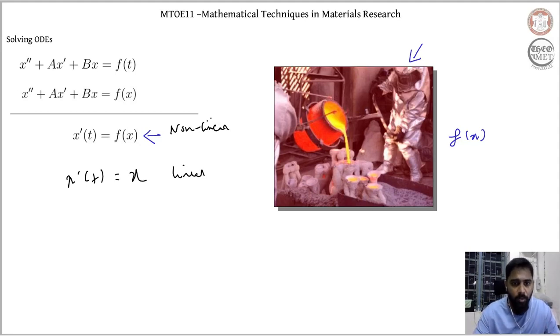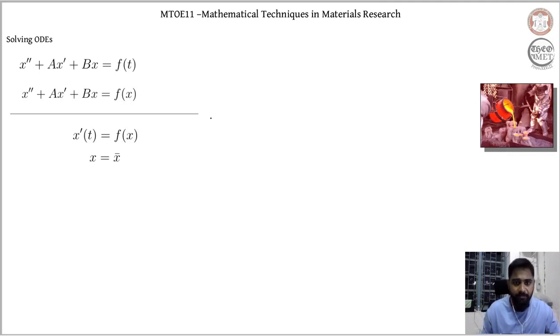Now in order to solve that, we assume a point x bar. We assume a position x bar, and at this position the atoms experience no momentum at all. You take your molten metal, you are pouring it into a cast, and as you are pouring it, the momentum experienced by the atom depends in a specific way on its position.